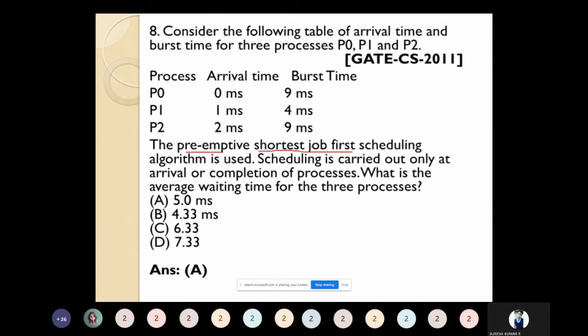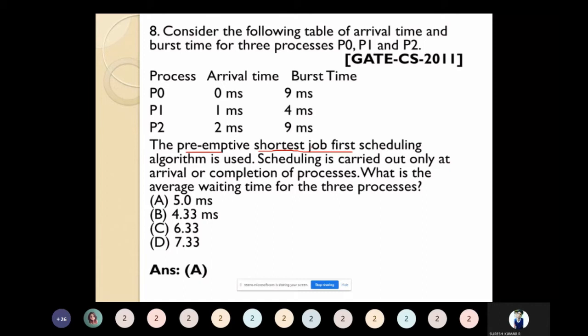So whichever process has the smallest time will begin its execution. If a process with an even shorter burst time arrives, then the current process is removed or preempted from execution, that is, the process currently running.